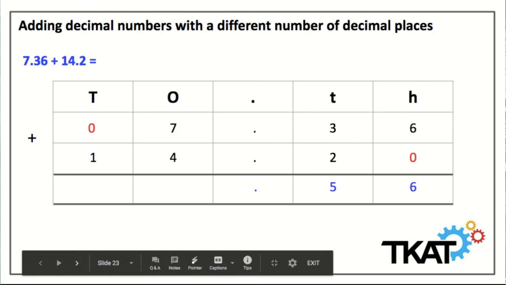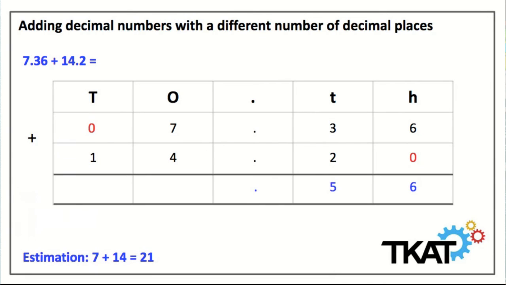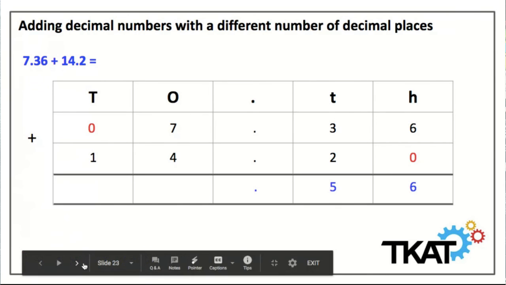Now it's the ones. Children will quickly spot that 7 and 4 will cross the 10 boundary, and so regrouping will need to take place. 7 add 4 equals 11. The ones 1 is written in the ones column. And the 10 1 is regrouped underneath the tens column. And you'll remember how we did that in the previous slide. There it is.